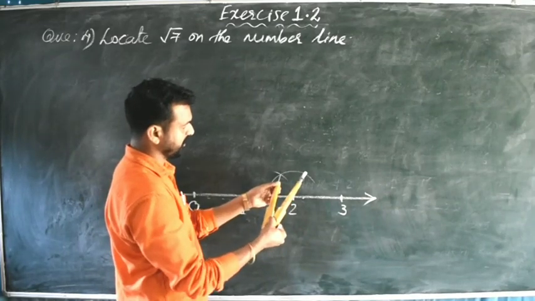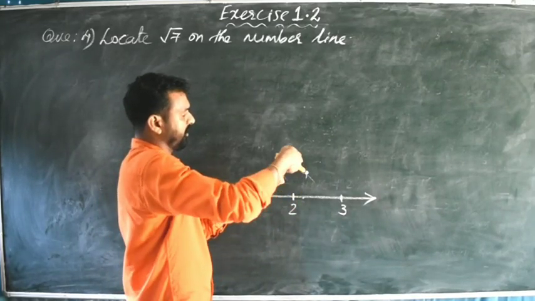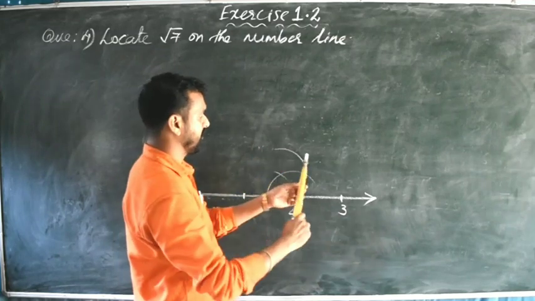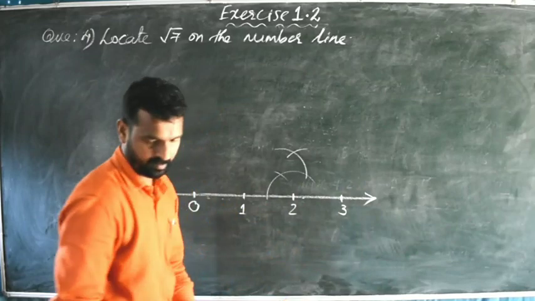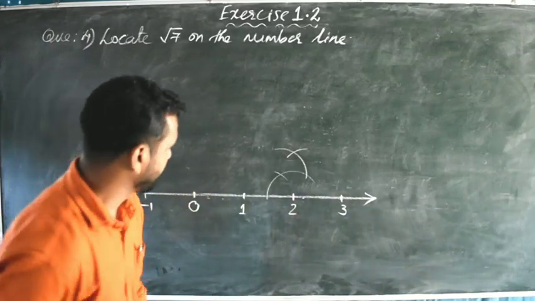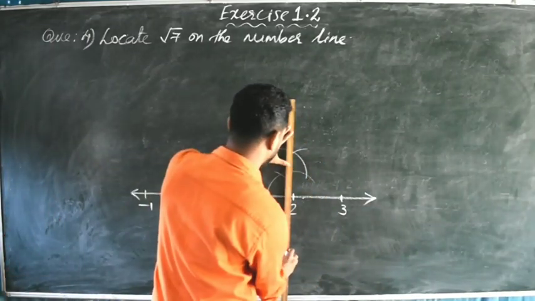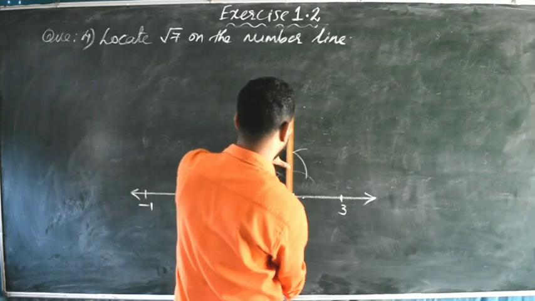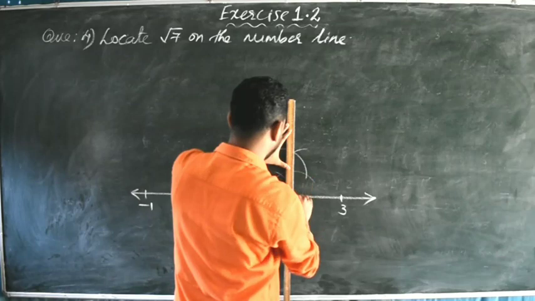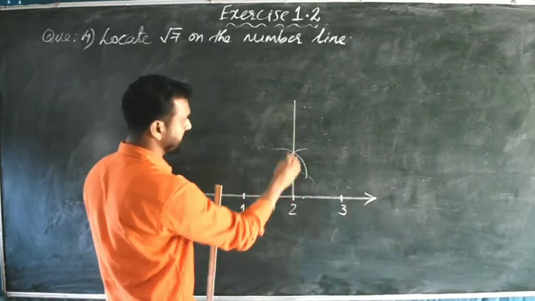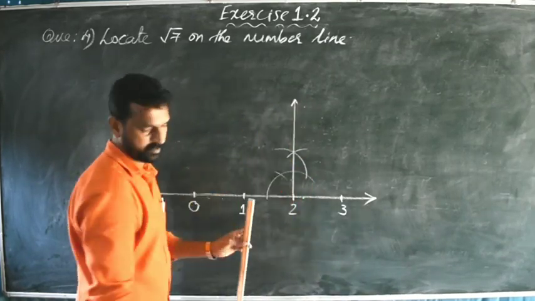With this point as center, draw an arc here, let it go outside. Then with this point as center, cut this arc. Then join that point with 2. That is the perpendicular through the point 2. Then give an arrow mark there.